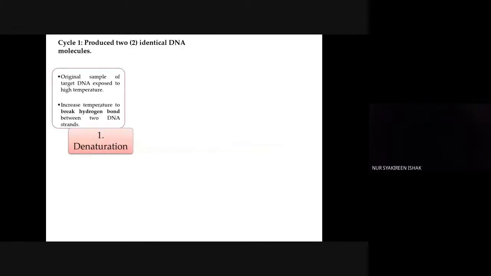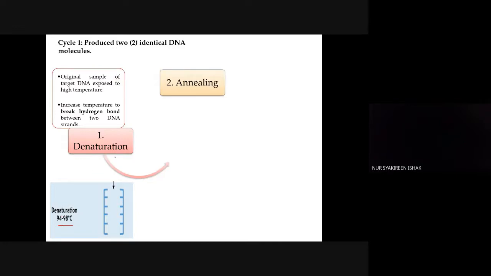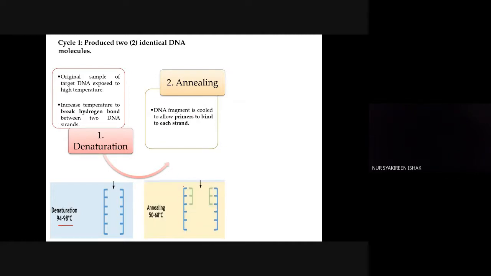So increase temperature to break hydrogen bonds between the two DNA strands. Okay, so denaturation can reach up to 94 to 98 degrees Celsius. So next is annealing. So annealing is what? DNA fragment is then cooled to allow primers to bind to each strand. So after you have separated the DNA molecule, it becomes the template.